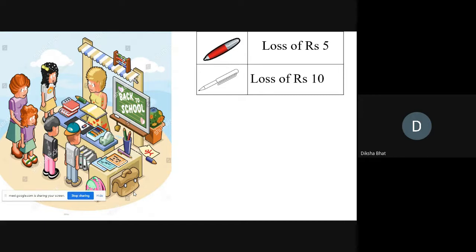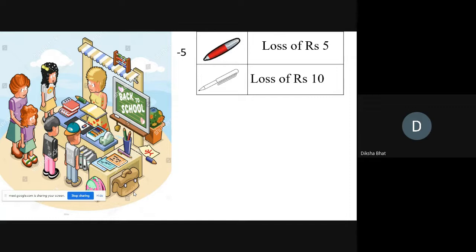How would you represent these numbers? How would you represent the loss of rupees 5? Negative 5. Yes, very good. How would you represent the loss of rupees 10? Negative 10. Yes, very good.